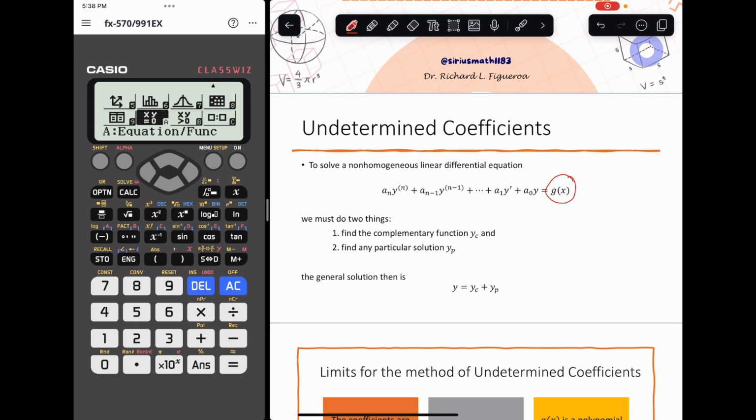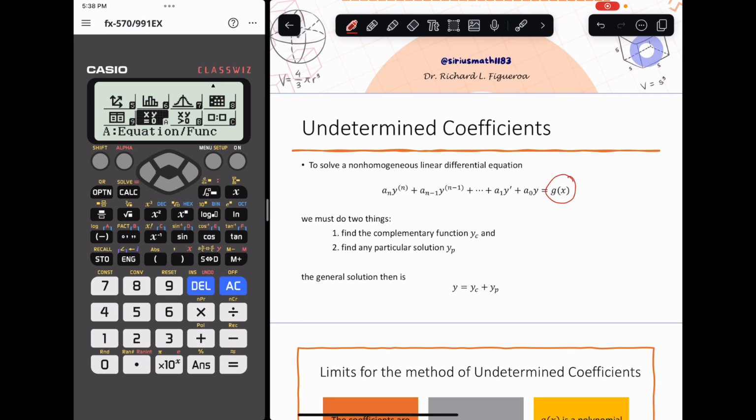Once we solve it, it follows the same formula as for homogeneous equations. So we classify them according to the three cases: repeated roots, distinct roots, or complex roots. Once we find the solution, that makes it our complementary solution yc.